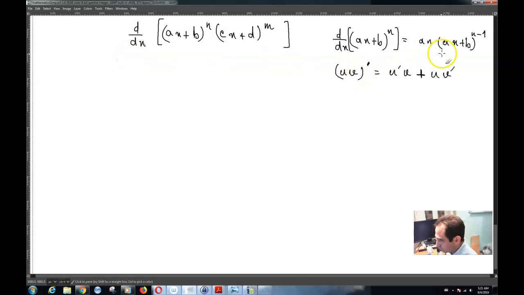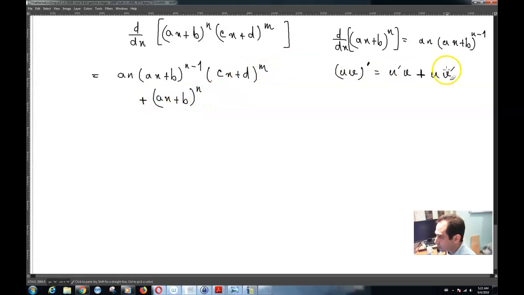So I can write this as u prime. u prime is the derivative of this function, which is an times (ax+b) raised to the power n minus 1 times (cx+d) raised to the power m, plus this function, (ax+b) raised to the power n, times the derivative of the second function, which is m times c times (cx+d) raised to the power m minus 1.